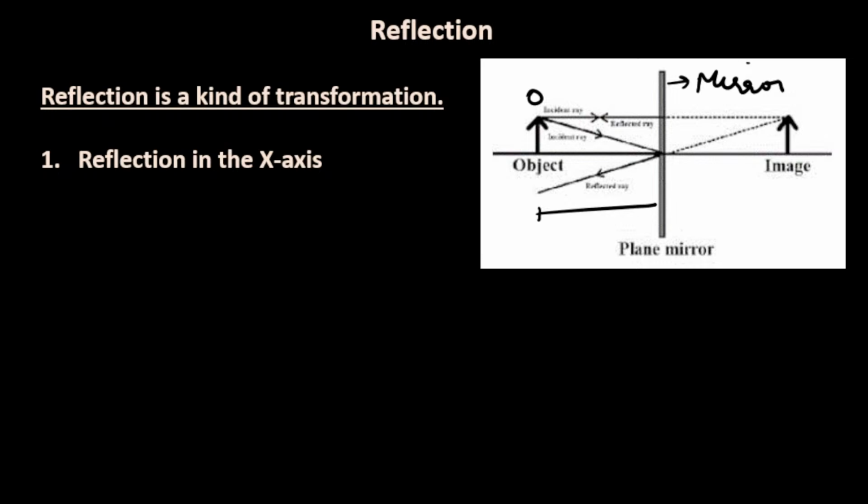If the distance between the object and the mirror is 5 units, then the same distance will be between the image and the mirror. If the object is 5 units this side, then the image will be 5 units on the other side of the mirror. This concept we have to apply whenever we are doing reflection.